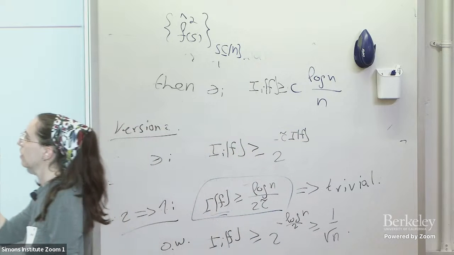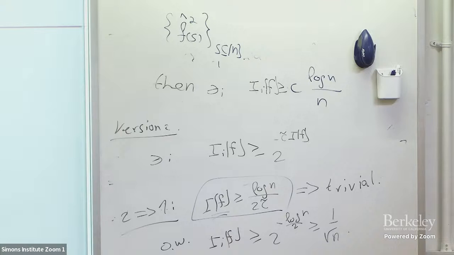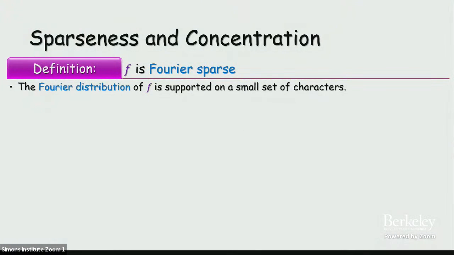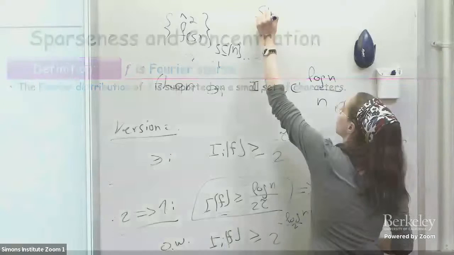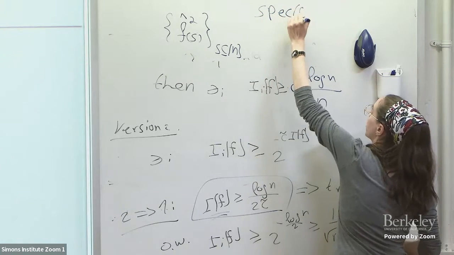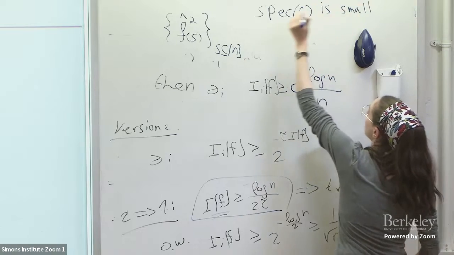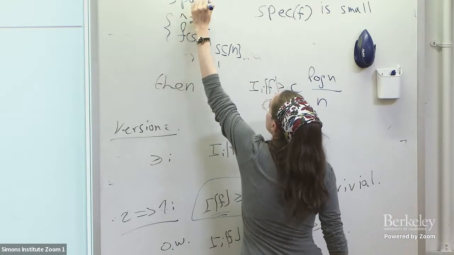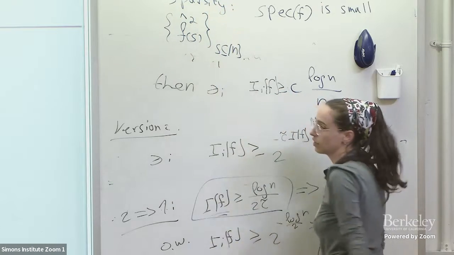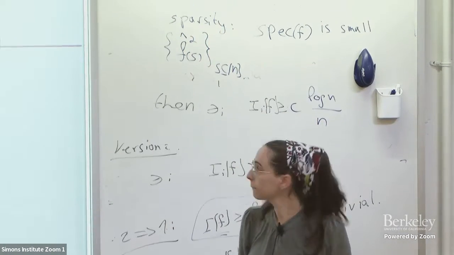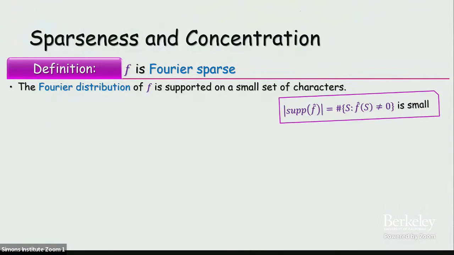We say that a Boolean function, actually it might also be a function to the reals, is sparse if the Fourier distribution is supported on a small set of characters. Using Hamed's notation, it's saying that the spectrum of f is bounded, the support being all the characters that are not zero.